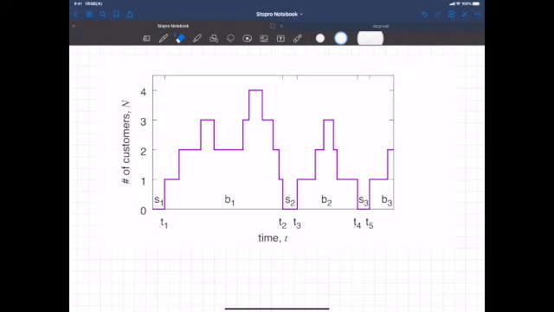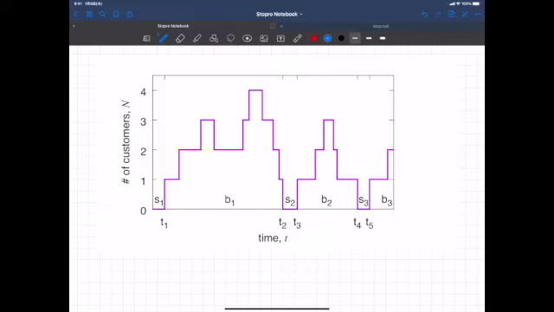Now have a look at this sample path of this queue process. Here, the horizontal axis is the time from some point, and the vertical axis is the number of customers. So this shows the evolution of the number of customers after some point in time.